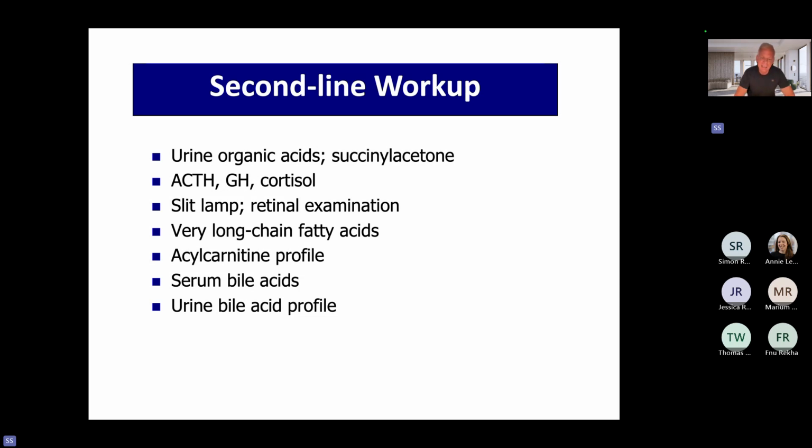Well, I'm not sure we're going to do slit lamps on newborns. And then do we want to get an acylcarnitine profile? Do we want to measure serum bile acids? These second line workups are for when you've pretty much ruled out biliary atresia, and then you start asking what the metabolic or other causes of cholestasis are.